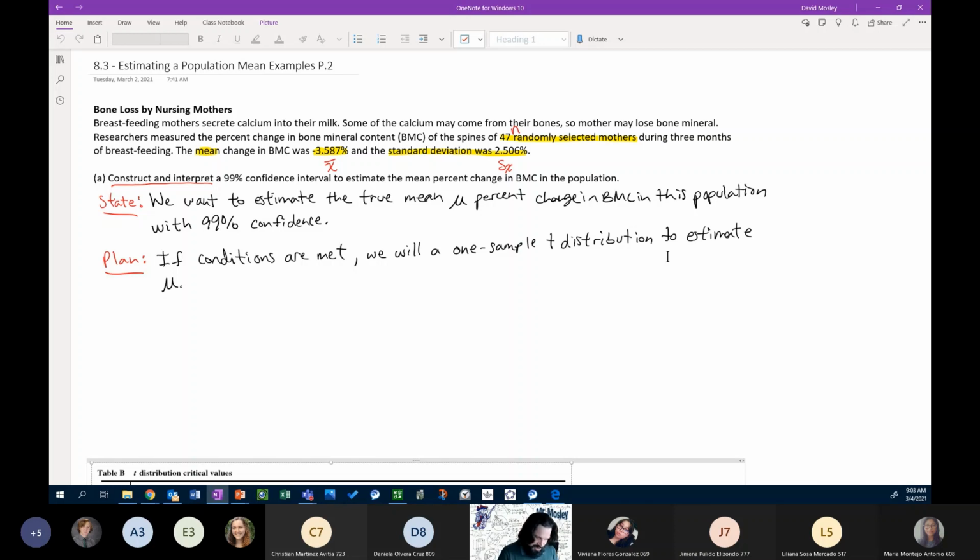So that means we now need to check our conditions. Random, 10%, and a large sample.